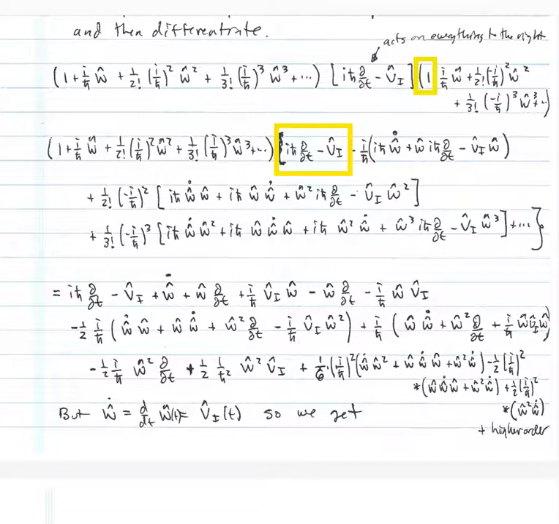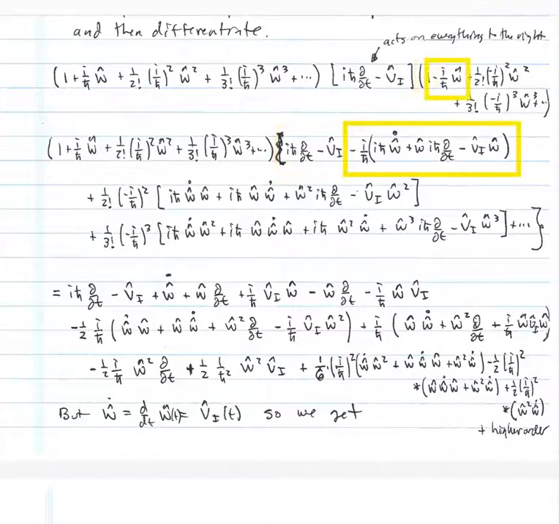Then we're going to have a minus vi when that acts on the 1. And then I'm going to have a minus i over h bar multiplied by i h bar w dot plus w i h bar d by dt. That derivative term is moved to the right because the derivative acts on everything to the right. And then I have minus the vi times the w.